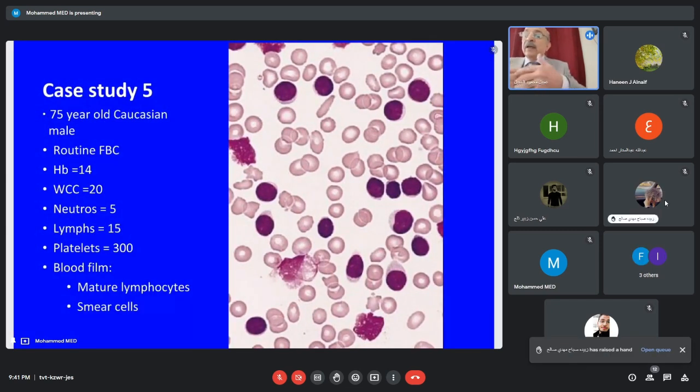As I have said earlier, we call it lymphocytic, not lymphoblastic, because most of the lymphocytes are mature lymphocytes. And in this particular patient, the hemoglobin is 14, so it hasn't affected the bone marrow very much. The hemoglobin is within normal limits. In most other acute anemias, the hemoglobin is low.